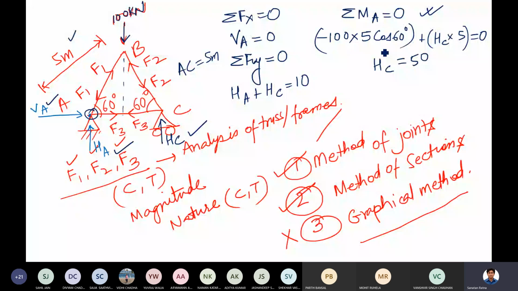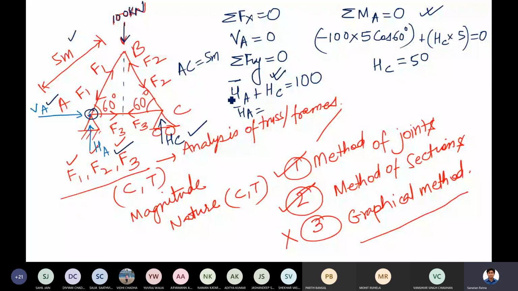So if HC is 50, what will be the value of HA? HA plus HC is equal to 100. What will be the value of HA then? 50. So have we been able to determine all the support reactions here? Yes, sir. We have determined all the support reactions now.